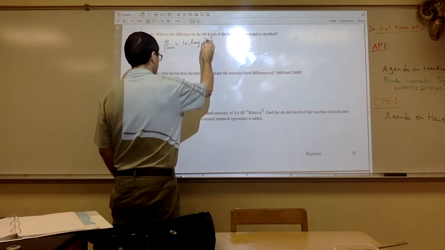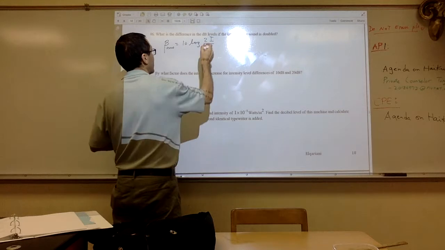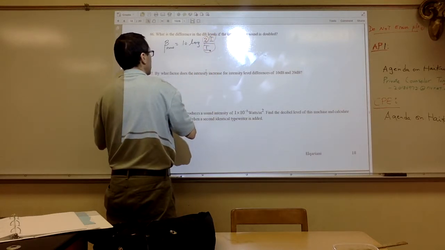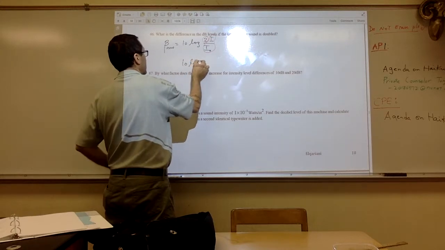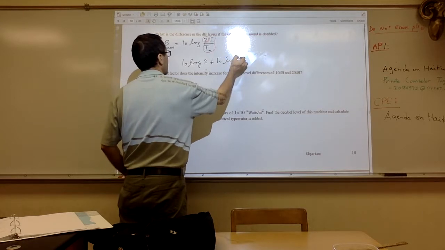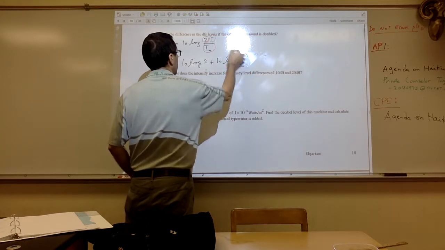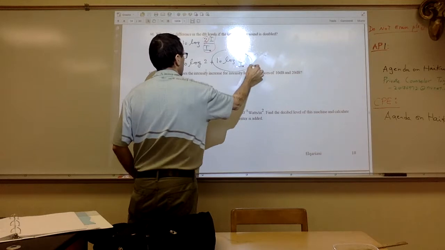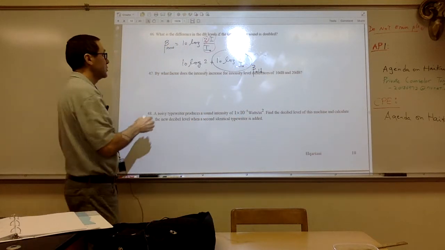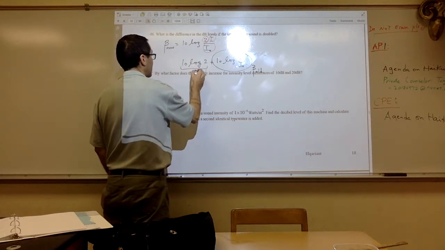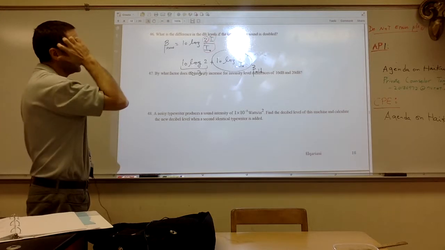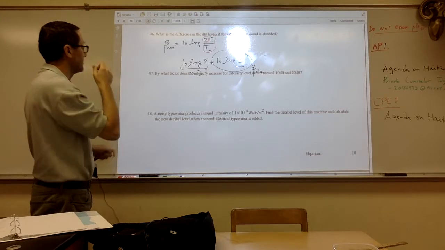If I break this up into two pieces, it should be 10 log of 2 plus 10 log of I over I naught, where this is your old beta before you doubled your intensity. If you do 10 log 2, you should get about 3. So your decibel level will increase by an additional 3, not by a factor.